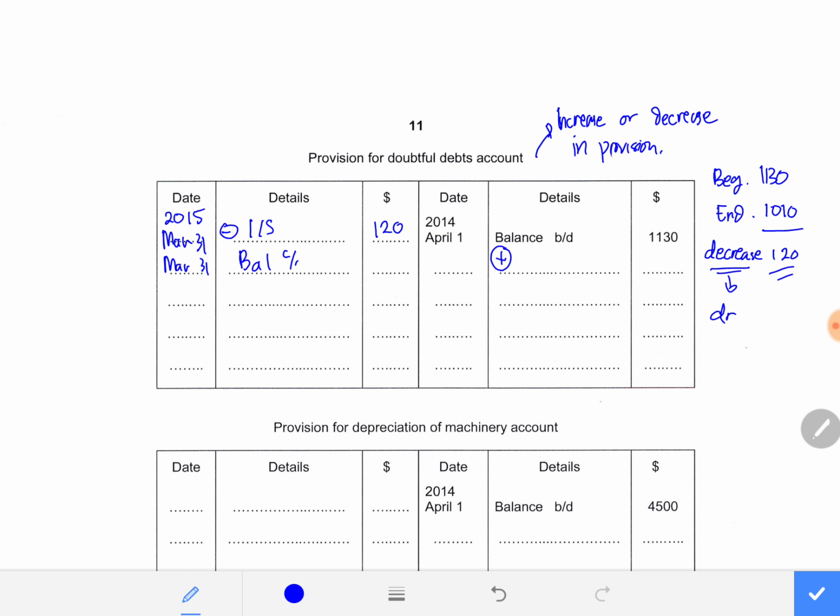Your balance CD would be the same as your end balance, which is 1,010, and then it is 1,130 and 1,130. Carried down to the next accounting period, 2015, April 1st, balance BD, 1,010. That's it.